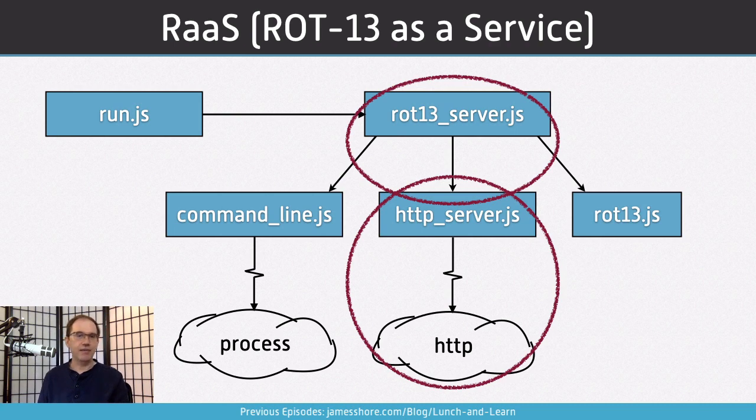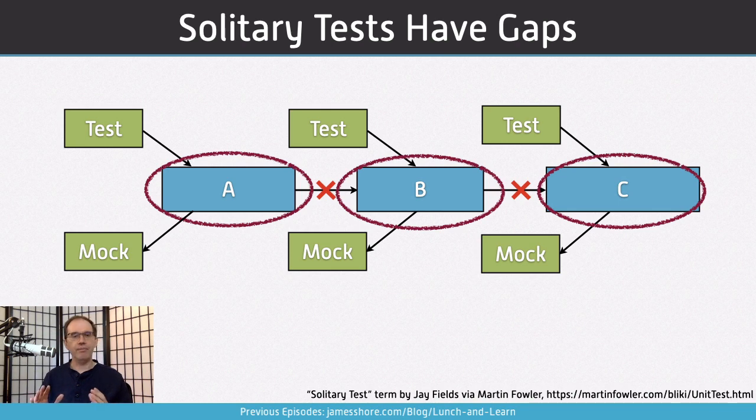And why is that? Well, we've talked about this in previous weeks, but very briefly, mock-based tests, solitary tests, are fantastic for testing that a unit works in isolation and even that it calls its dependencies. But what it can't check is that it calls the dependencies correctly. It will only check that it calls the dependencies the way the tests say they should be called.